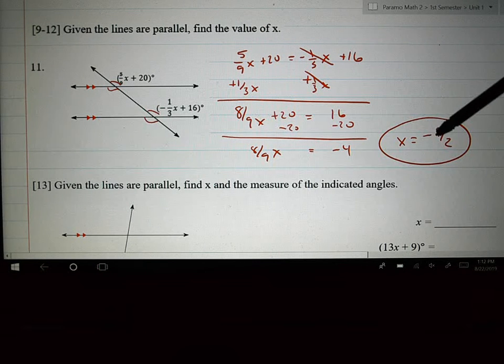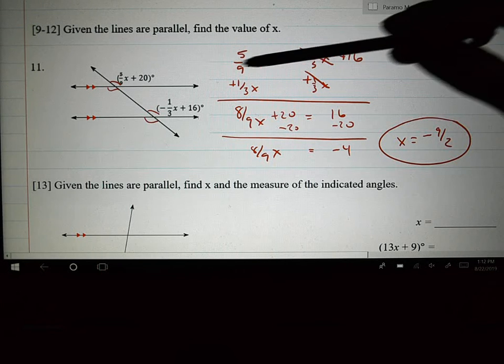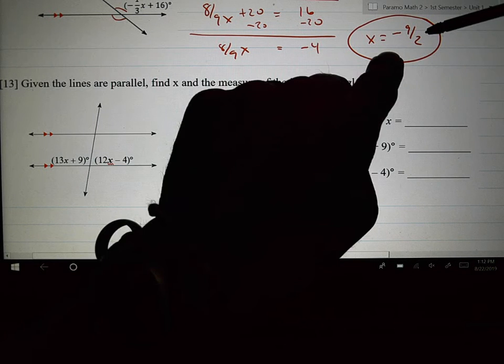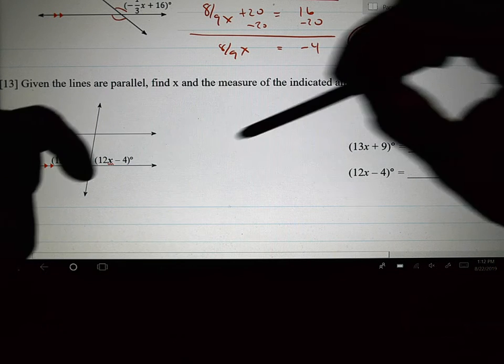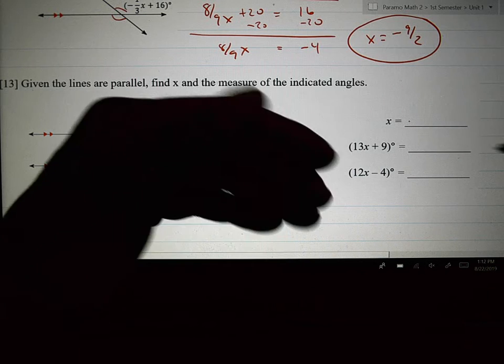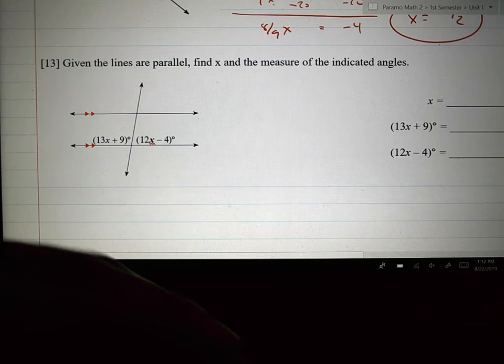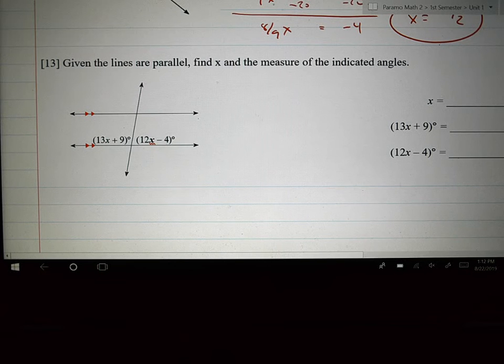On your test, most of the time, you will never just be asked for what x is. You will always be asked to take that value, plug it back in, and find out what that angle would be. That's what this question does so much better. Number 13 is a way better example. It's how most of your tests will be written when you get there in a couple of weeks.